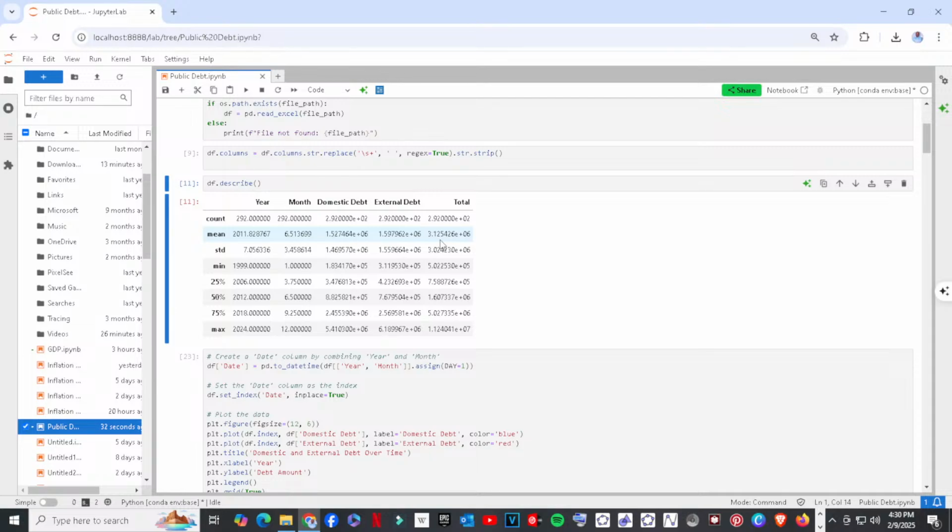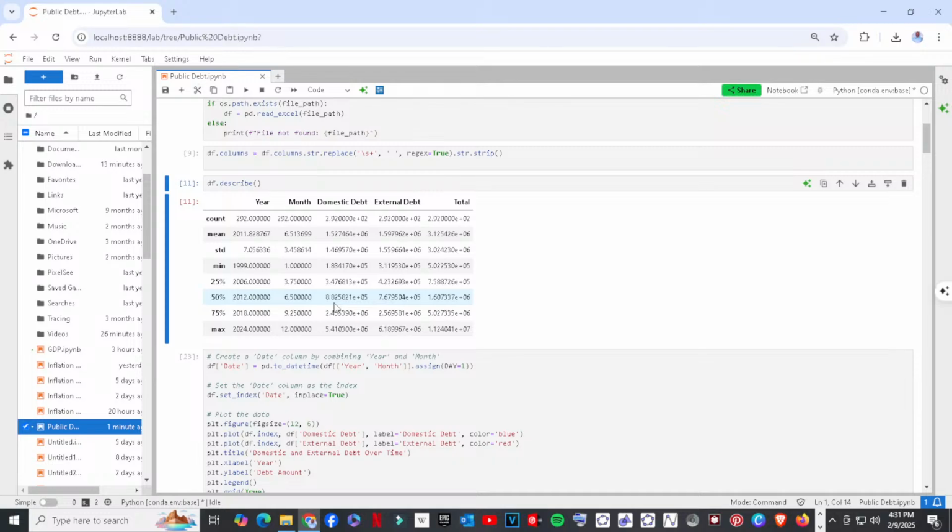Otherwise, our maximum debt stands at about 11.24 trillion as we speak. But now we have spread it, and that's why you see a mean debt of 3.13 trillion. The median occurs at about 50%.